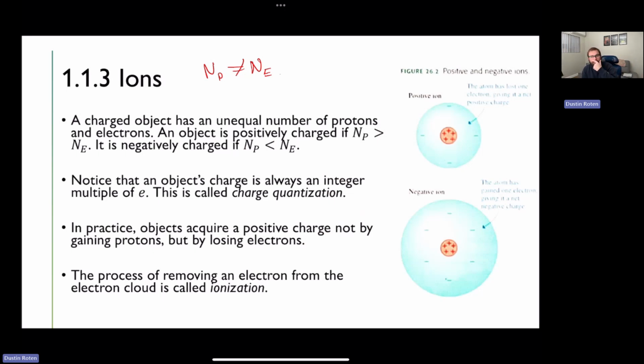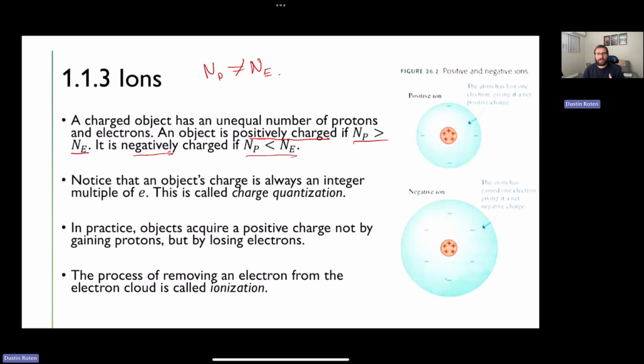If an object has more protons than electrons, then it's positively charged. In the other case, if it has more electrons than protons, then it's negatively charged. So whichever one dominates is the type of ion you're going with.